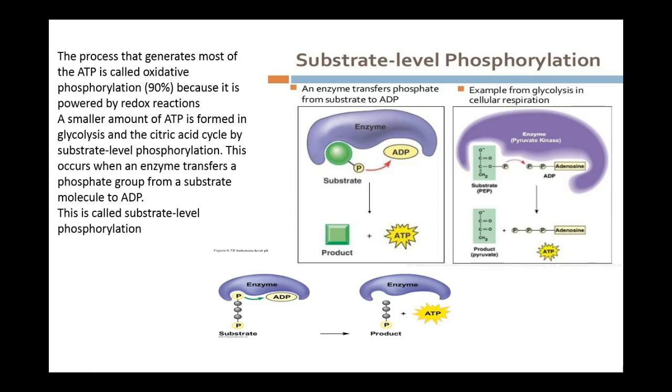I'm referring to the image on the right, and because it's an enzyme, enzymes facilitate reactions. It's going to facilitate the phosphorylation, so facilitate ADP becoming ATP. The enzyme transfers a phosphate group from the substrate, which is PEP, and that's why this is called substrate level phosphorylation.